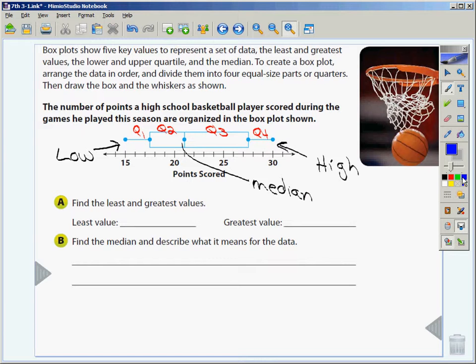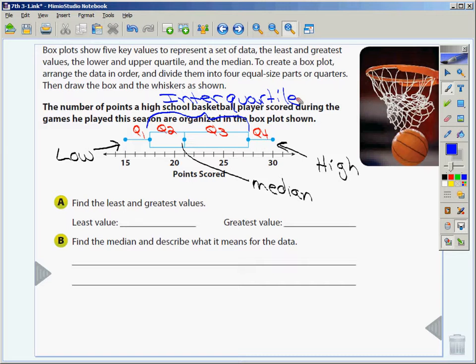The other thing that's important here is this box. And it is called the interquartile. And the interquartile is where we do most of our predictions from. Can anybody tell me why? Why would I want to predict from the interquartile versus any other place from a box plot?